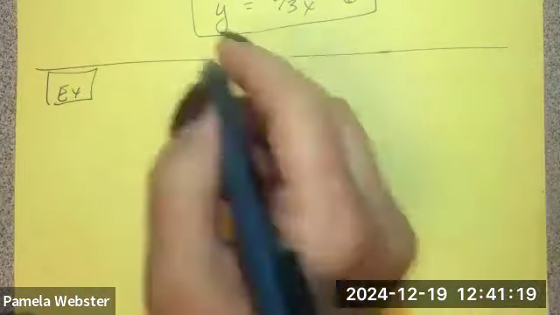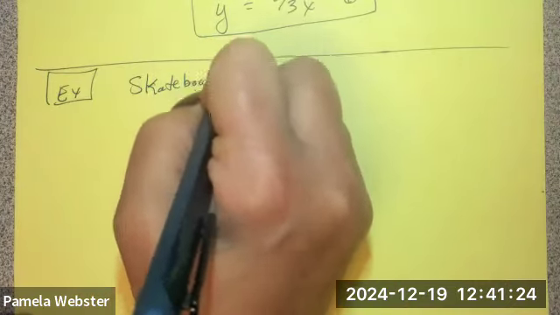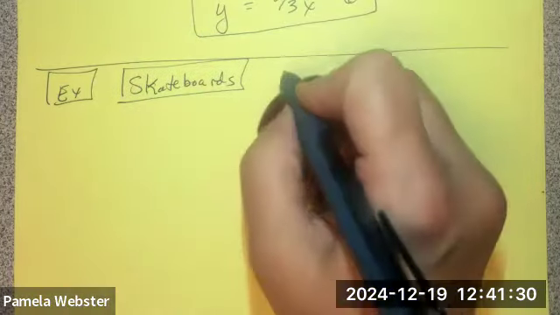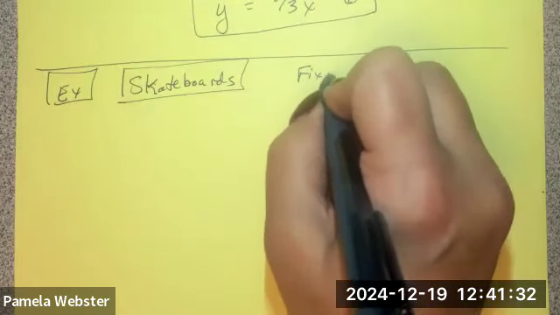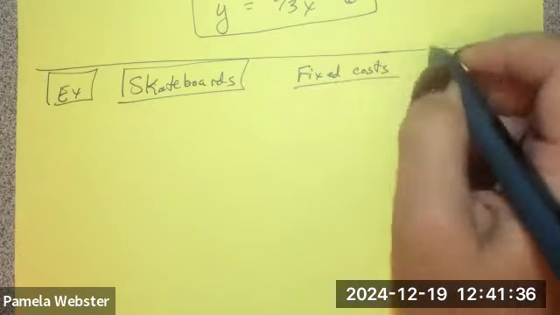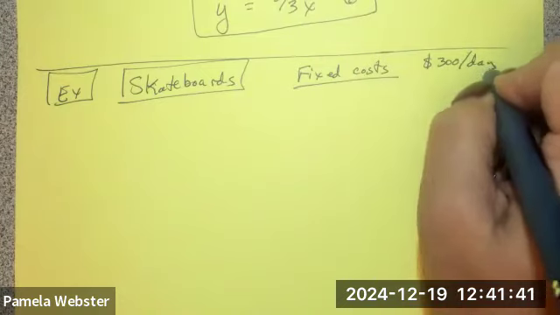All right. We have a company and we're going to make skateboards. And as I go through, I realize that somebody in my accounting department, or somewhere up in finance, has figured out I have a fixed cost of $300 per day.